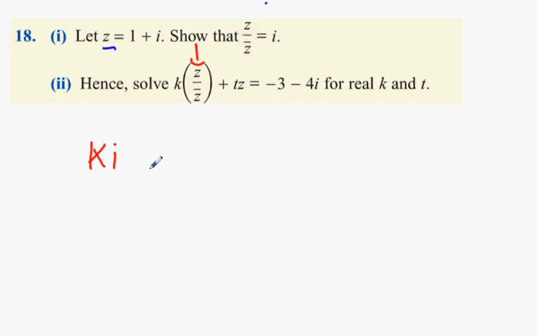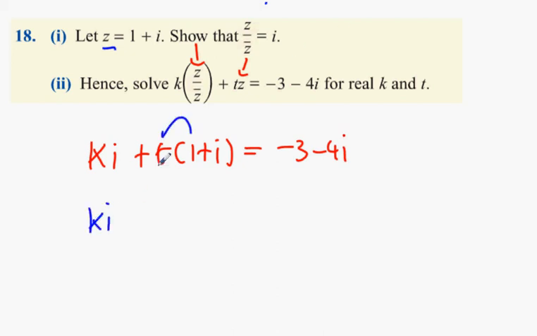Now, what's z? What's z? 1 plus i. Yeah, you're one step ahead. And then after that, guys, multiply out ki plus ti. Okay, how many real numbers do we have?